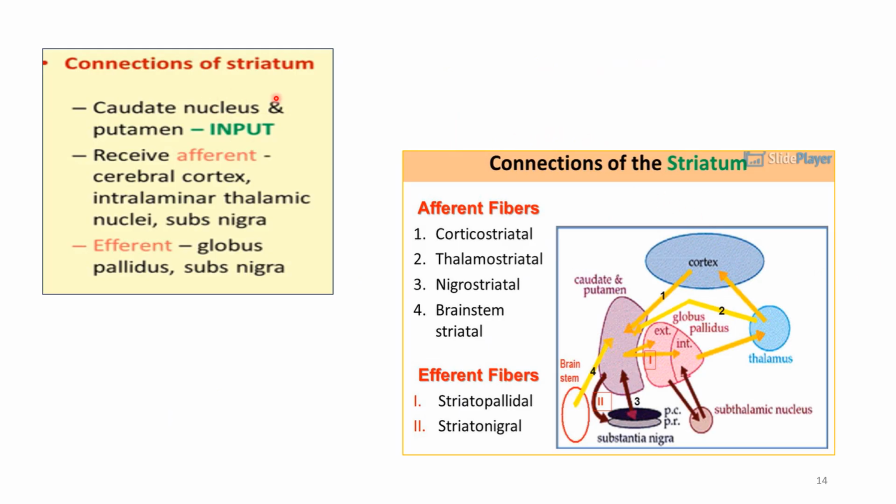Coming to the connections of the striatum, we have already seen it receives afferent input from the cerebral cortex and substantia nigra pars compacta, and also from the intralaminar thalamic nuclei.